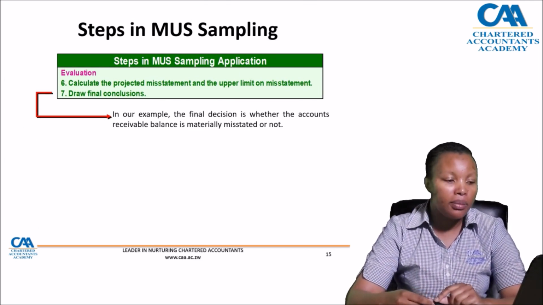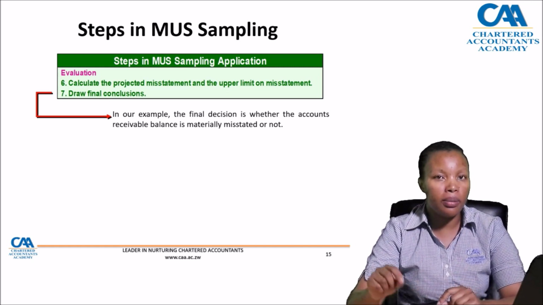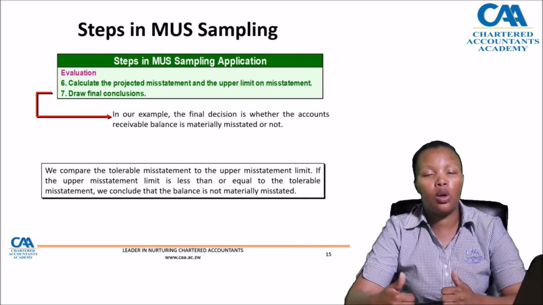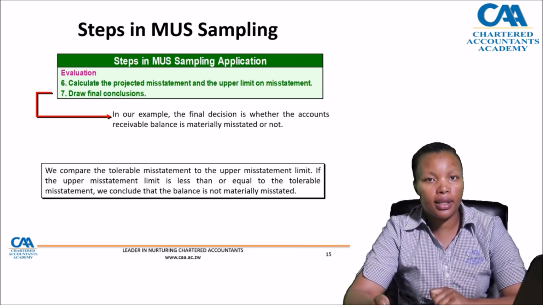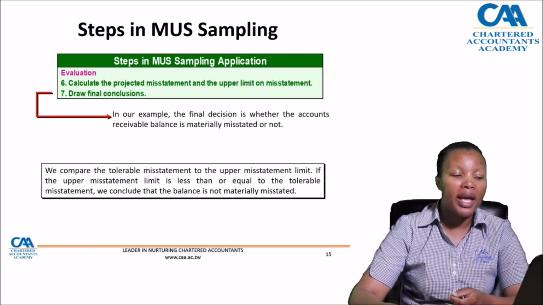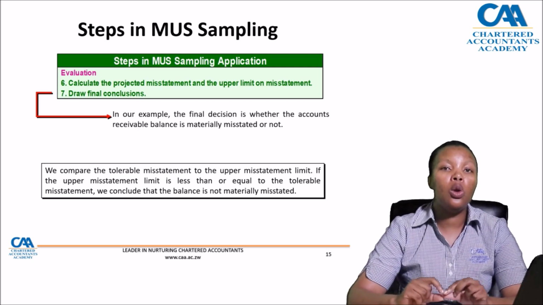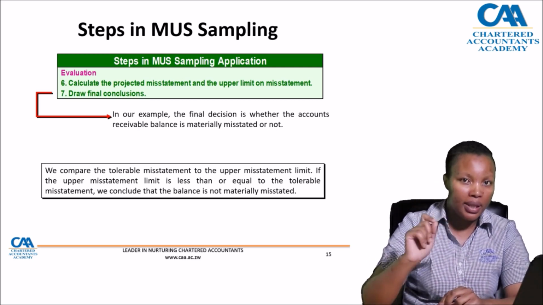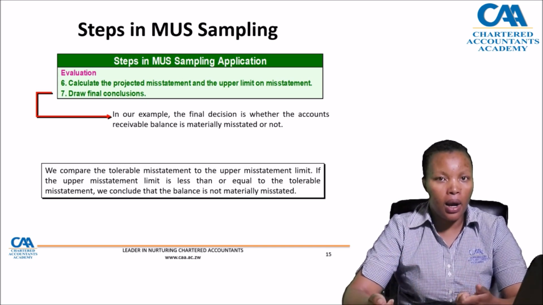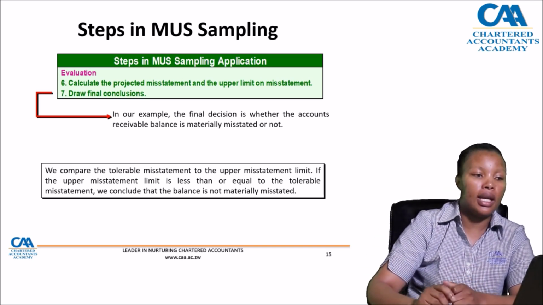If the upper misstatement limit is less than or equal to the tolerable misstatement, then we can conclude that the accounts receivables are not materially misstated. But if the opposite is true, whereby the tolerable misstatement is actually lower than the upper misstatement limit, then the accounts receivables will be considered to be materially misstated.